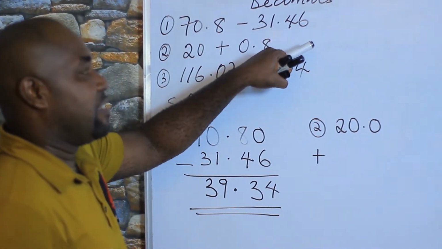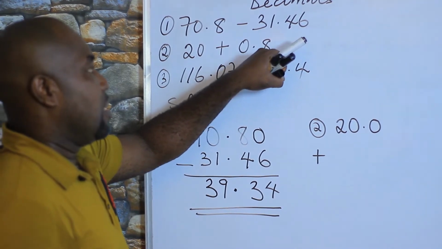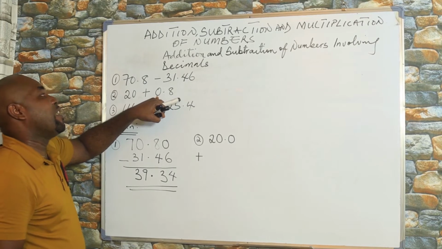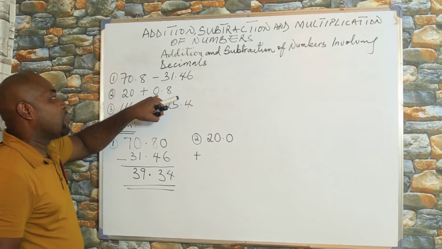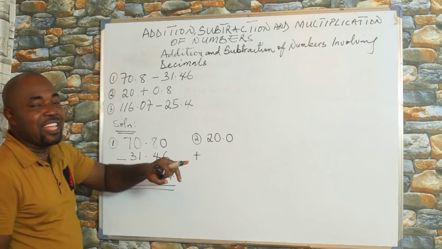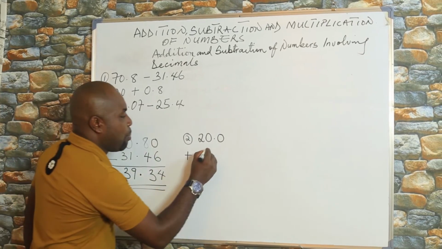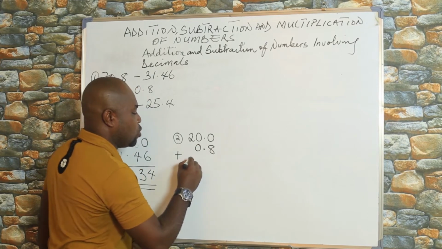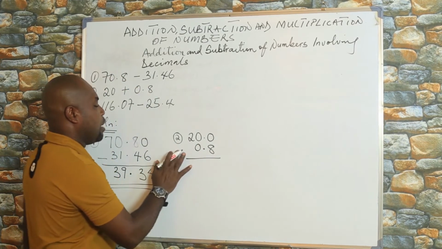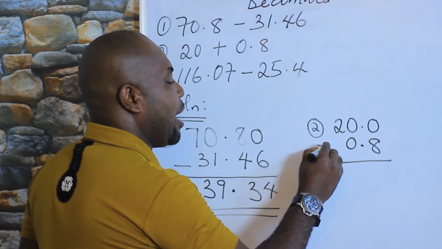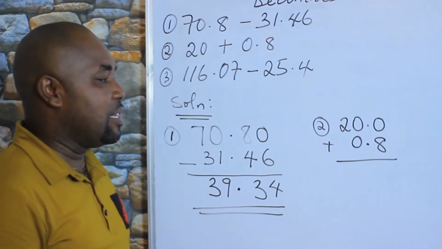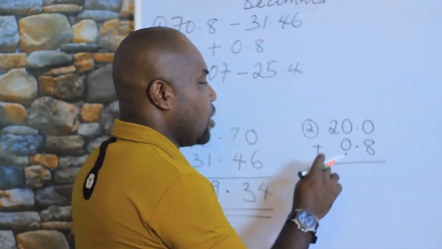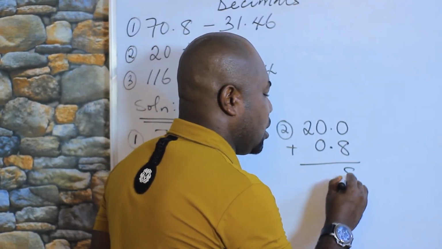The 8 here is less than 1. And this is where the figure is supposed to be. The figure here is also 0, but 0.8 shows that it is less than 1. We put a point here, put the 0 here, put the 8 here to make sure that we follow the place value of numbers correctly in the placement of the numbers. 0 plus 8 is what? 8.